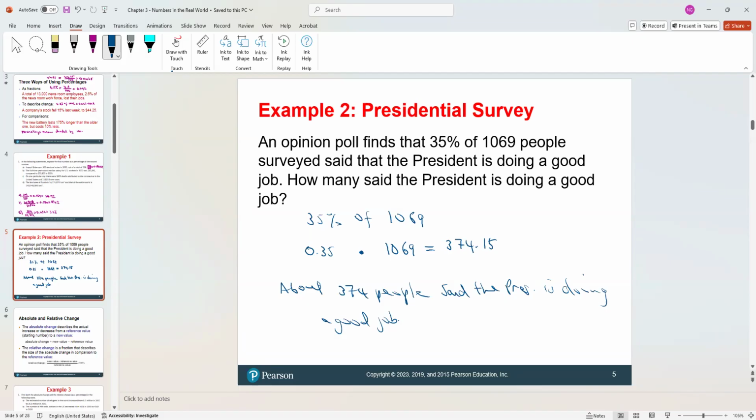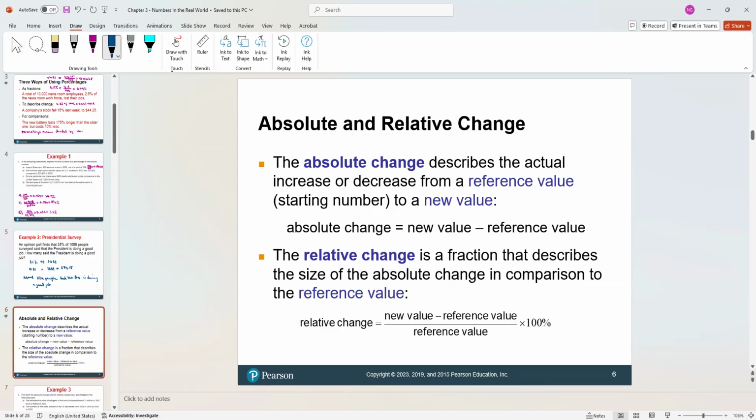Now, using percentages to describe changes, we can say that percentages are often used to describe how a quantity changes with time. I think we can take an example like the population of a certain town that has risen from 10,000 a decade ago to 15,000 today.